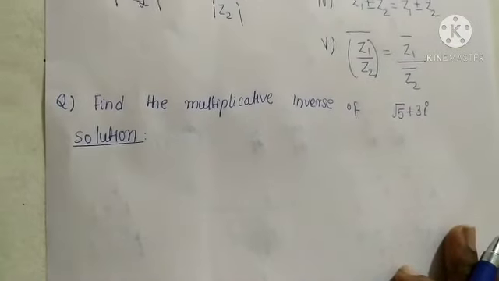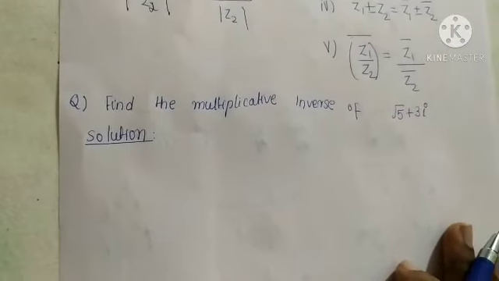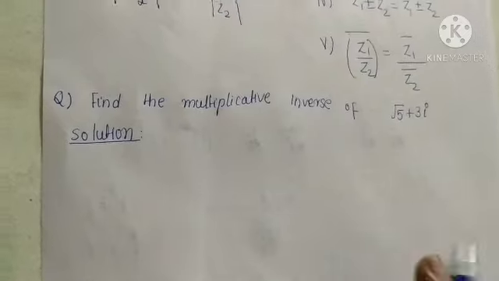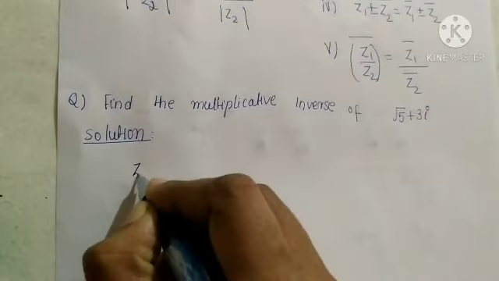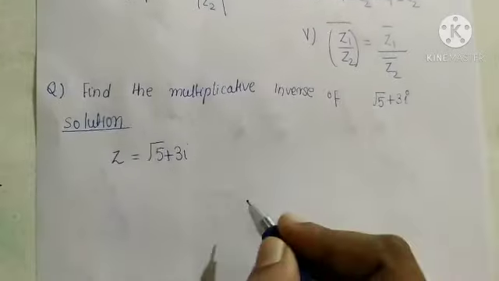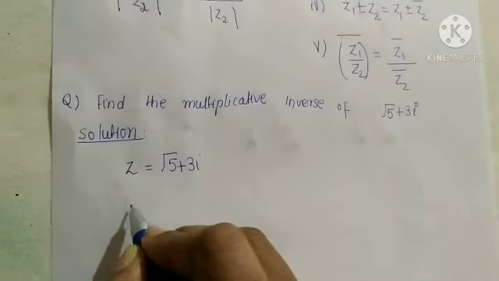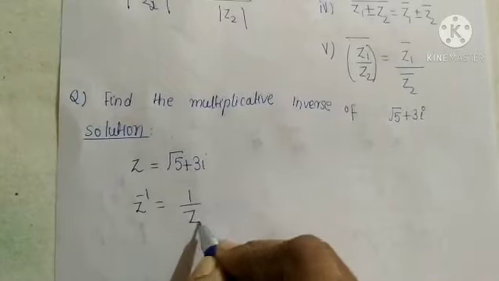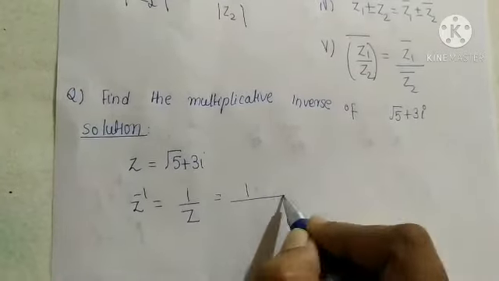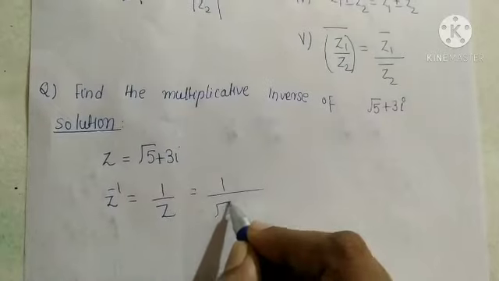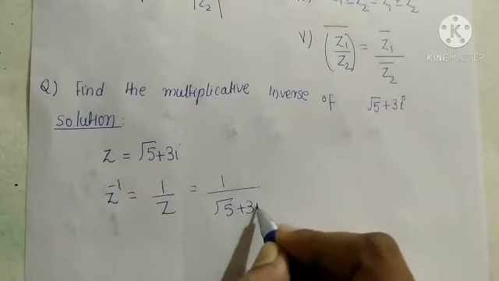Next question. Find the multiplicative inverse of root 5 plus 3i. Okay, so let's start the solution of this question. Let Z equal to root 5 plus 3i. And we know that multiplicative inverse Z inverse is equal to 1 by Z. So I'm going to replace this Z by root 5 plus 3i.